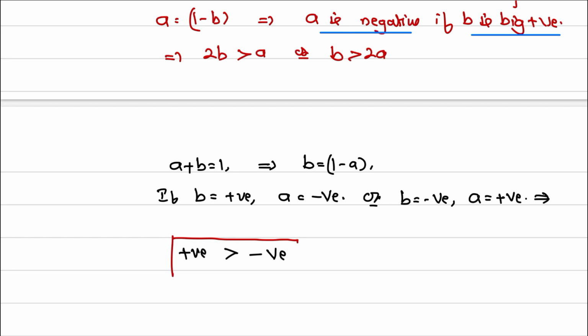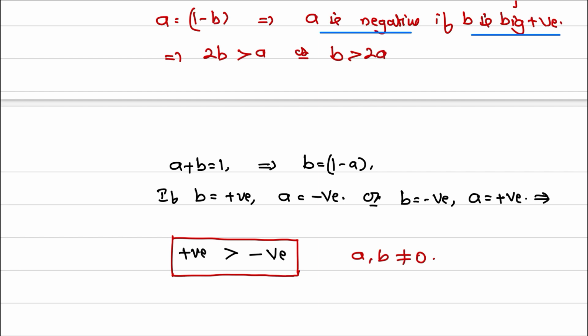This is the rule of the fundamentals of arithmetic. A positive number is always greater than a negative number when a and b are not equal to 0. For non-trivial solutions, a positive number is always greater than the negative number.